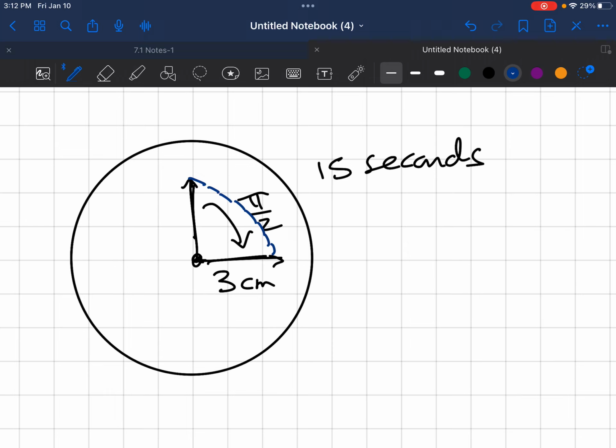So it makes sense then, if there is some angular velocity, to think about the linear velocity at the tip of the object moving at some angular speed.